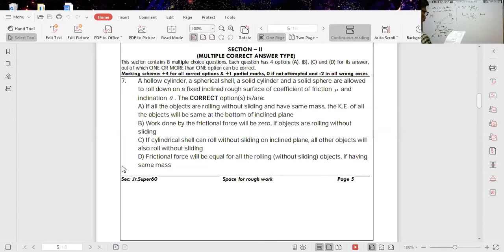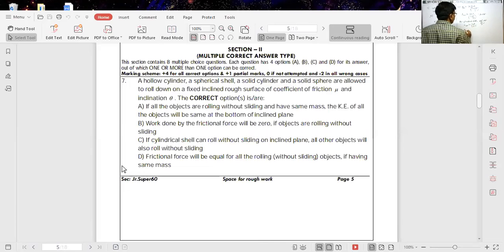Here, if the cylindrical shell can roll without slipping, for the cylindrical shell, mu minimum is greater than or equal to tan theta by, the moment of inertia about the natural axis is equal to mr square, which is equal to mk square. That means k square by r square is equal to 1, so 1 by 1 plus 1.